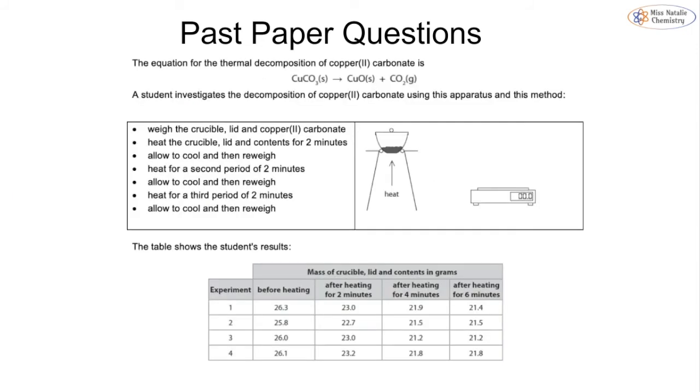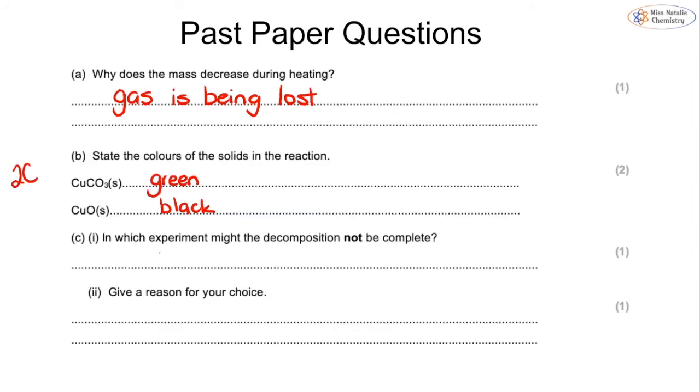Well, let's go back to our results, and we want to compare the last 2 sets of results. So you can see in experiments 2, 3 and 4 it is the same number, whereas in experiment 1 we're still getting a change. So for experiment 1 we're probably still getting some decomposition. So the answer to part C is number 1, and the reason for the choice is that the last 2 masses are different.